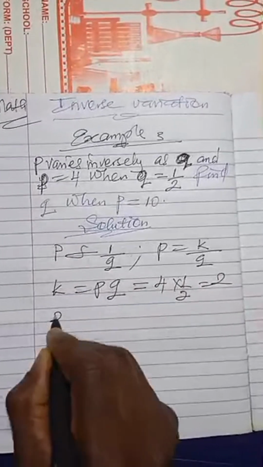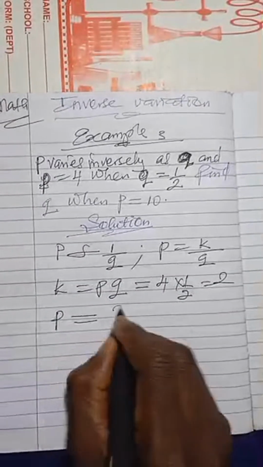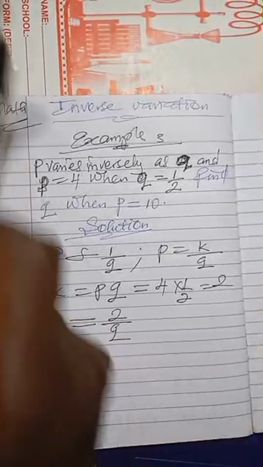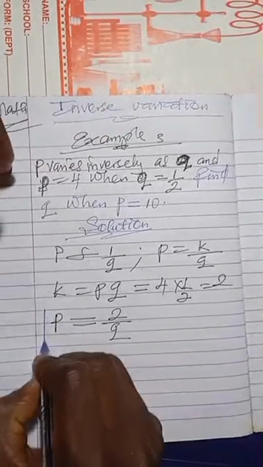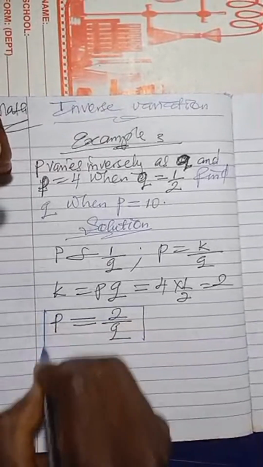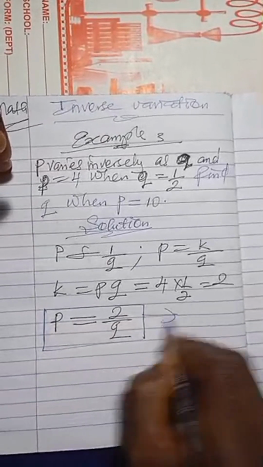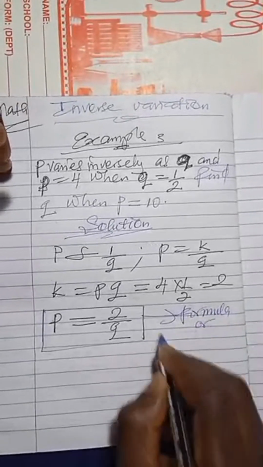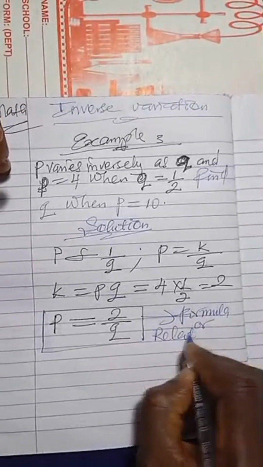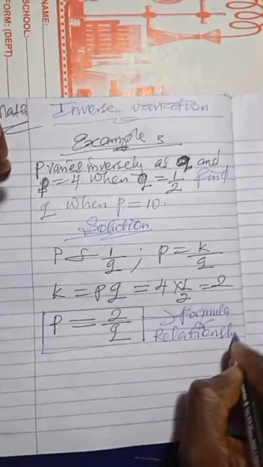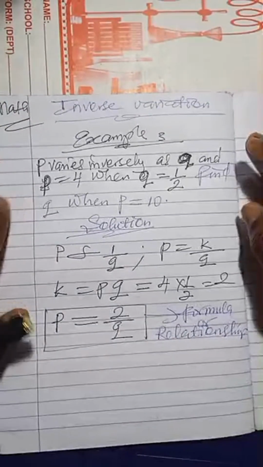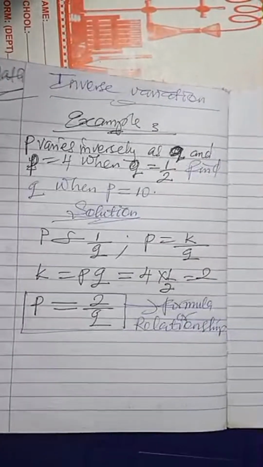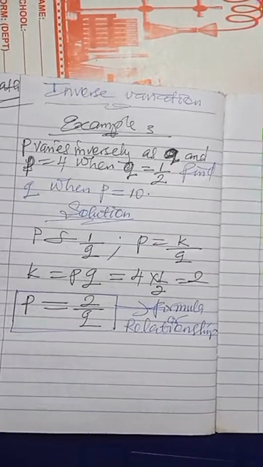So P is equal to 2 over Q. This is our formula now, or relationship. Hope you're with me. Do you have any question? Good. Let's proceed.